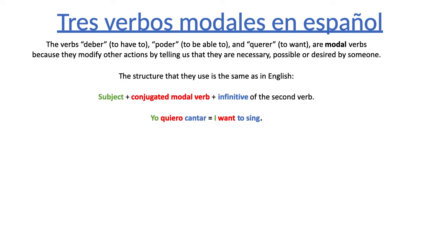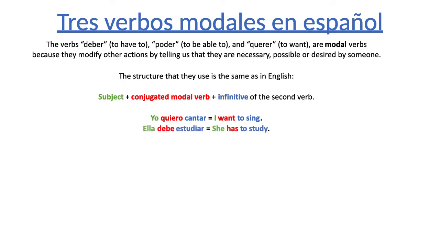Remember, as I told you several times in class, that the infinitives in Spanish always end in either ar, er, or ir. So this one ends in ar, right? Subject, conjugated modal verb, and infinitive of the main verb.